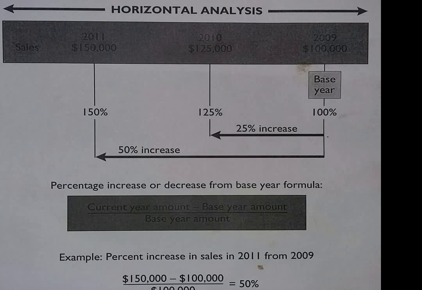So to make the horizontal analysis, we should select a base year for comparison. So we'll select year 2009 as a base year, and we consider this year 100%.